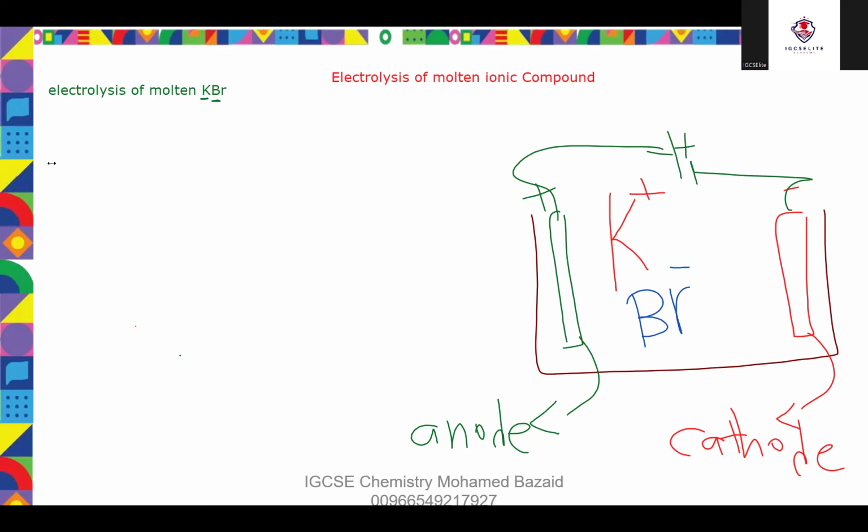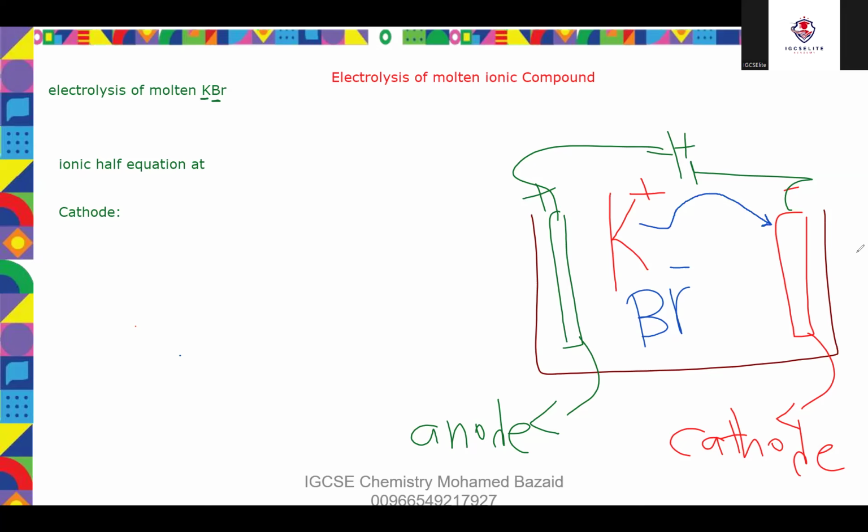Write the ionic half equation at the cathode. So again, the cathode is a negative electrode. So the cathode will attract the positive ion. Oh, yes. So this one is attracted to the negative electrode.